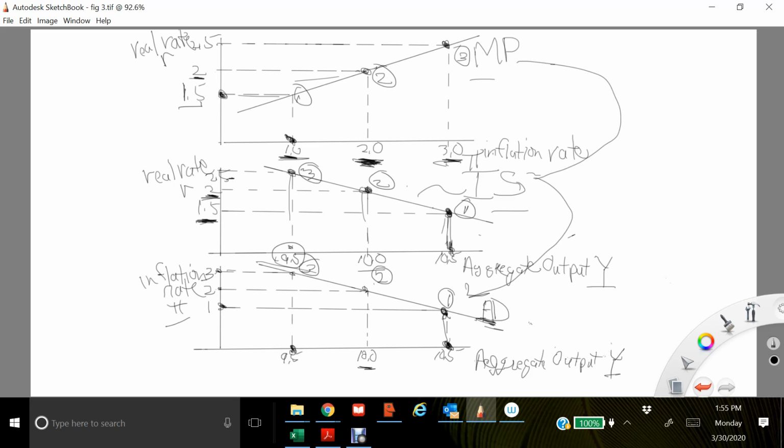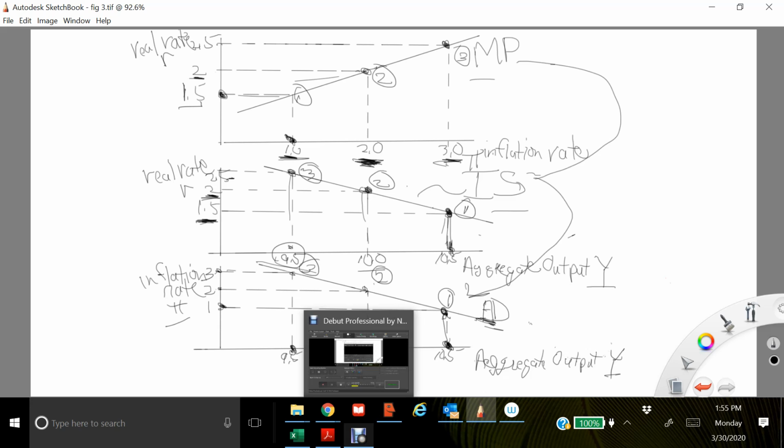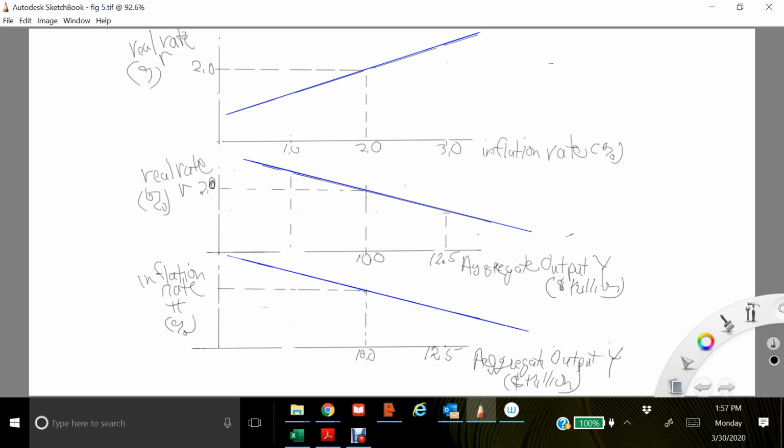Very good. So you can work that out and compare that derivation with how the text explains it. So now we're going to see what happens when the Fed changes policy, or when the government changes policy.